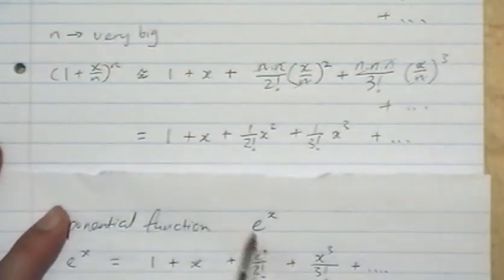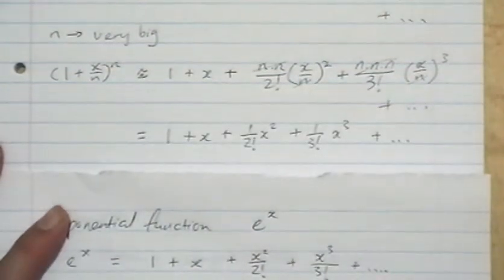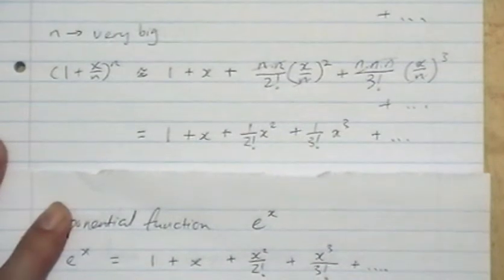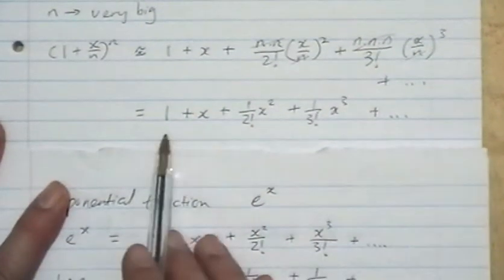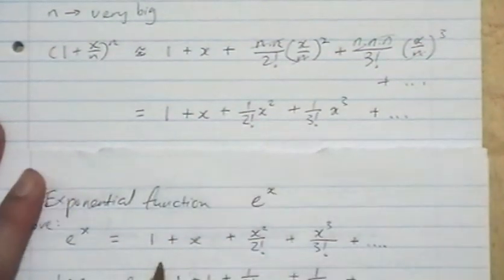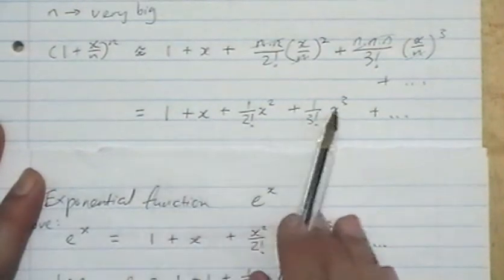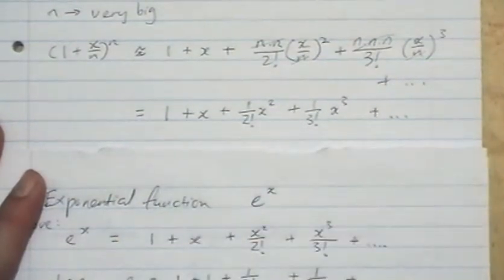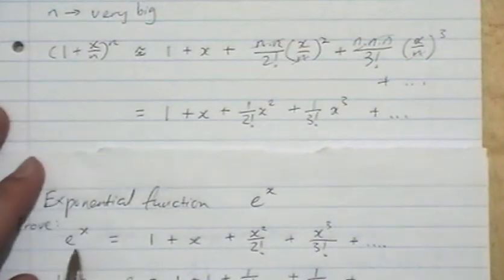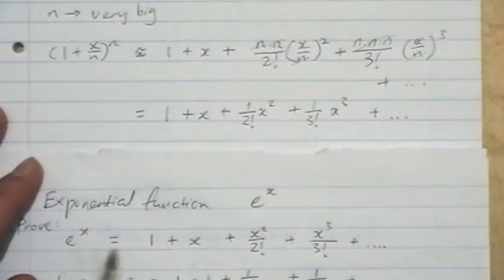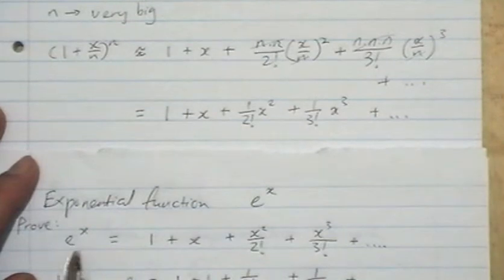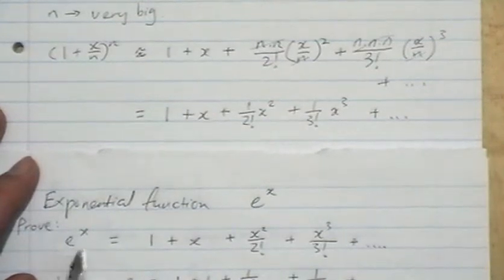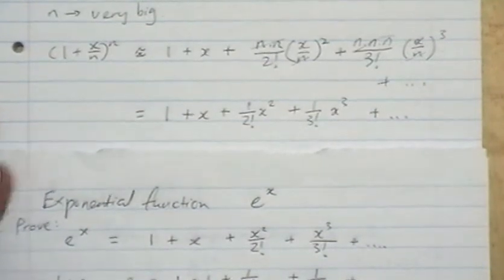If you compare this with this, you see that they're now exactly the same. So it looks like we are going in the right direction, even though we've not quite arrived at the e itself yet.